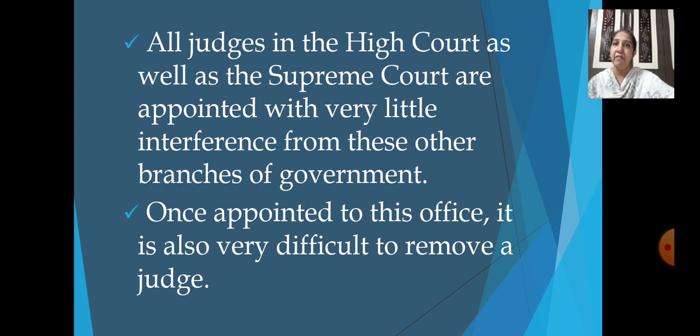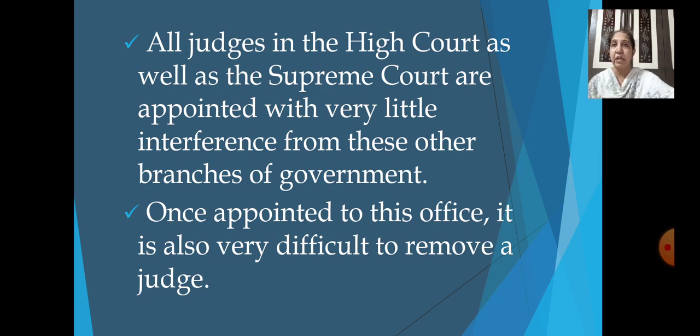That is the reason a very small number of judges are appointed from there, so that the interference will be very less. And once appointed to this office, it is also very difficult to remove a judge.